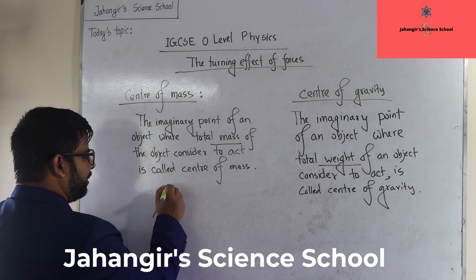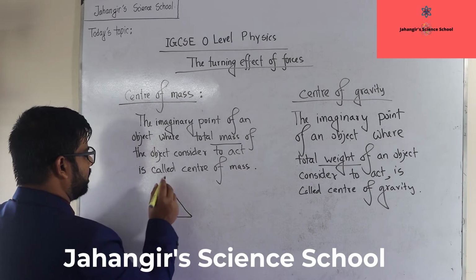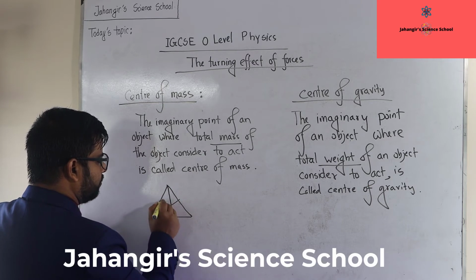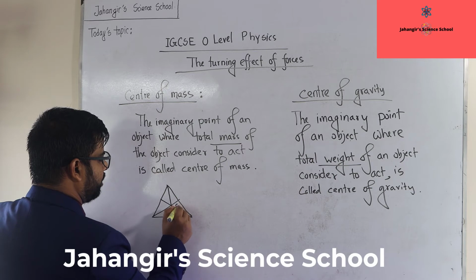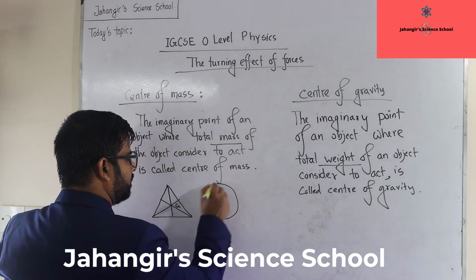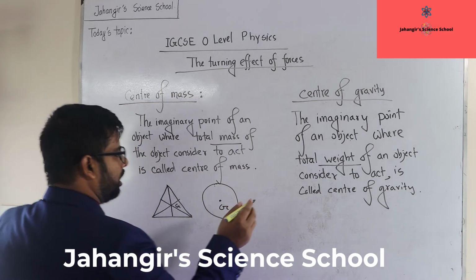There are some regular shaped objects. Say it is a triangular shape. This is the position of the center of mass or center of gravity. It is denoted by G. For a spherical object, the center is the center of gravity.